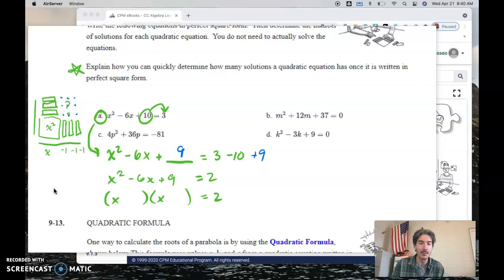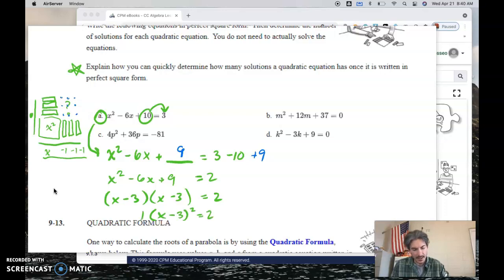We could write it that way, but negative 1, negative 1, and negative 1 are x and negative 3 and x and negative 3, because that square has dimensions that are the exact same. So this right here is the same as, and I don't have any room here, this would be right there. Now you could leave it that way, but we want this in perfect square form, so recall that it's x minus 3 times x minus 3, that's x minus 3 squared equals 2.